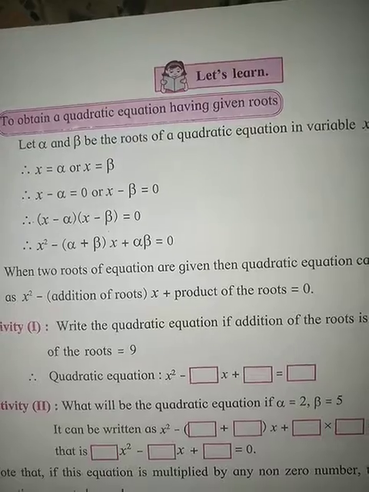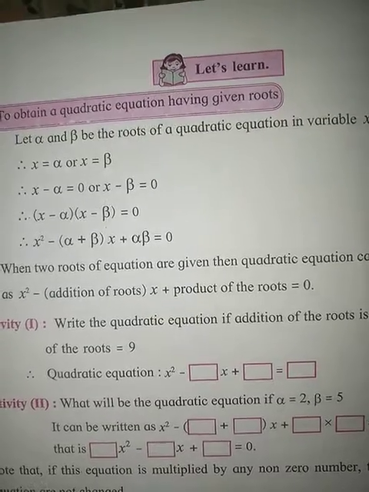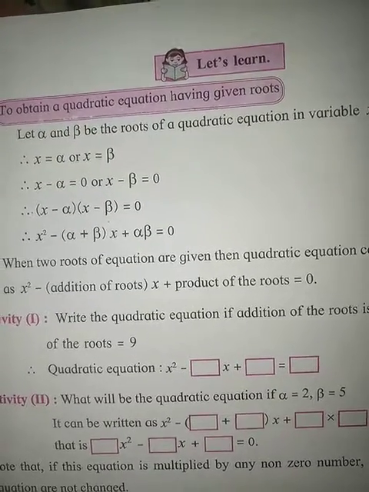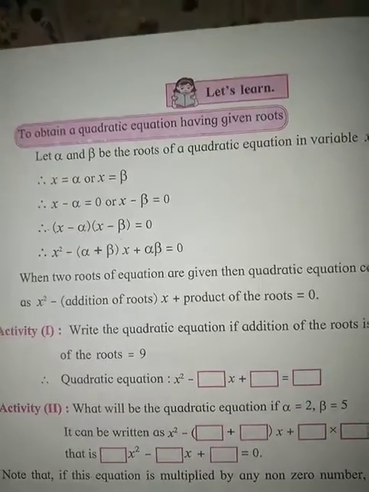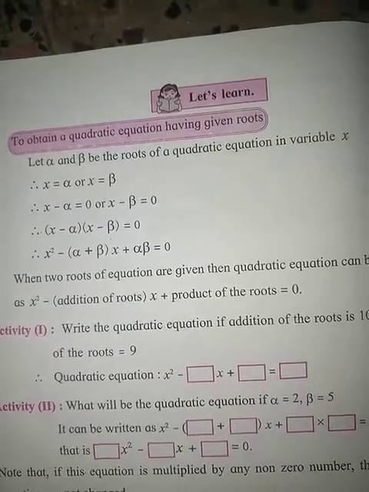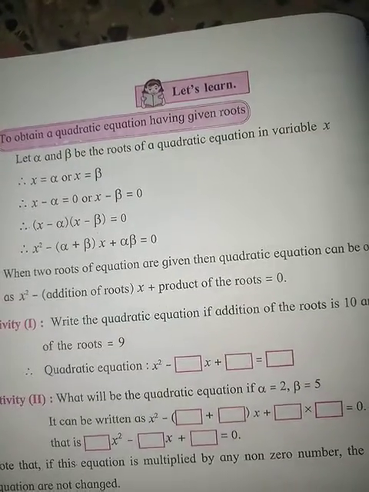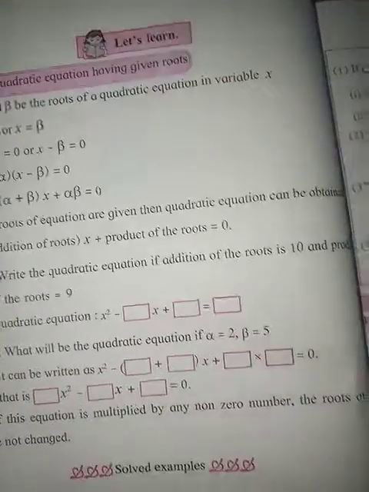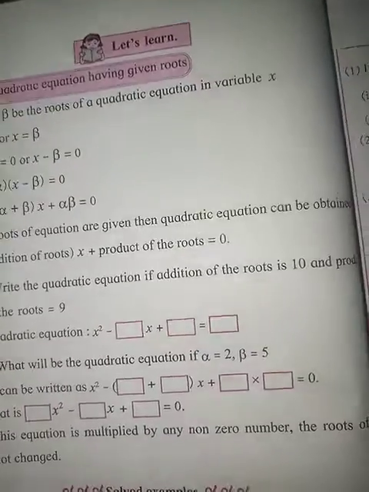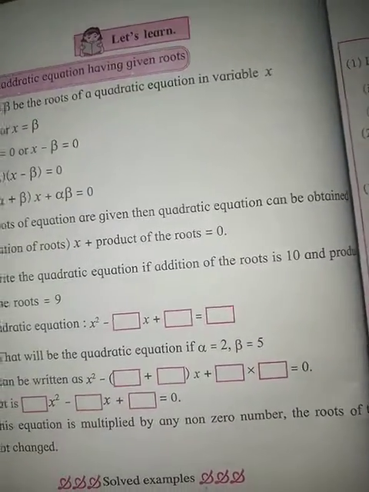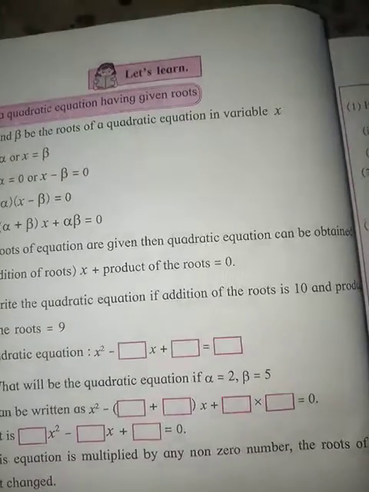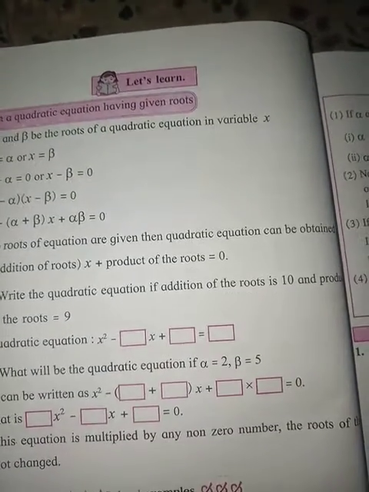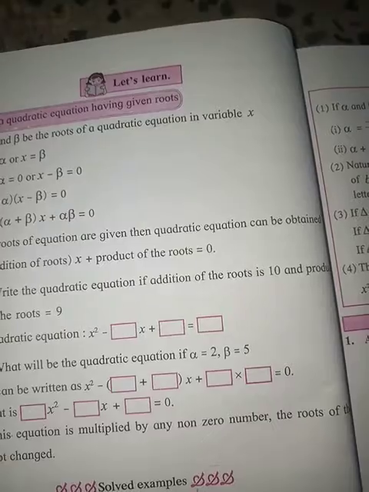So x minus alpha multiplied by x minus beta is equal to 0. Then x square minus in the bracket alpha plus beta, x plus alpha beta is equal to 0. When two roots of an equation are given, then the quadratic equation can be obtained as x square minus addition of roots into x plus product of roots.